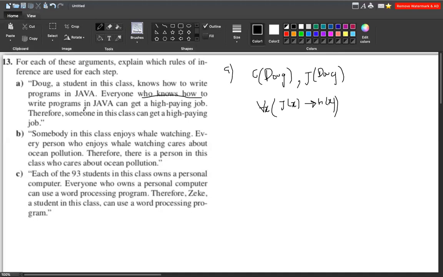Everyone who knows how to write programs in Java can get a high-paying job.